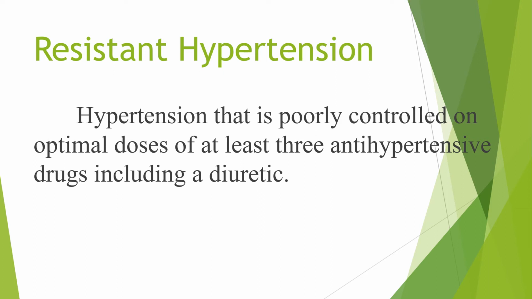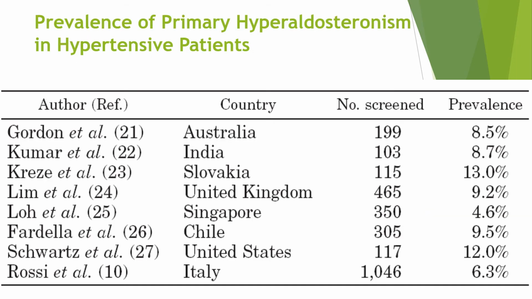So again, you need to understand what is resistant hypertension. Any hypertension that is poorly controlled on optimal doses of 3 antihypertensives, including a diuretic, that is known as resistant hypertension. So this is the prevalence of primary hyperaldosteronism in hypertensive patients in different populations.